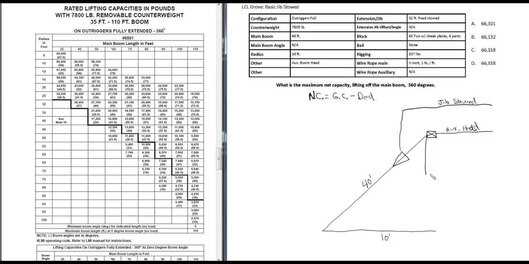Okay, we've got a 45-ton block with cheek plates. We've got 337 pounds of rigging.